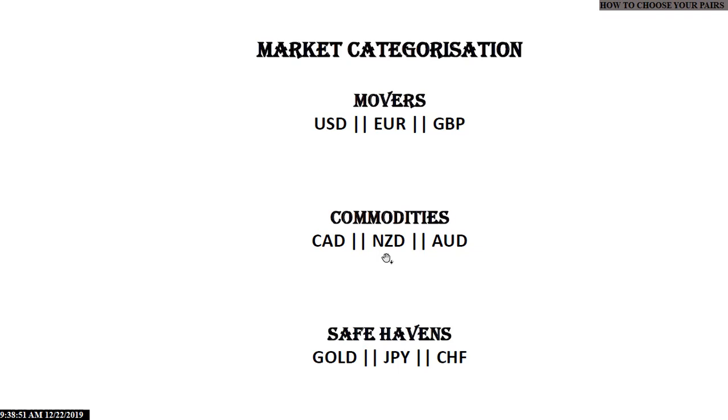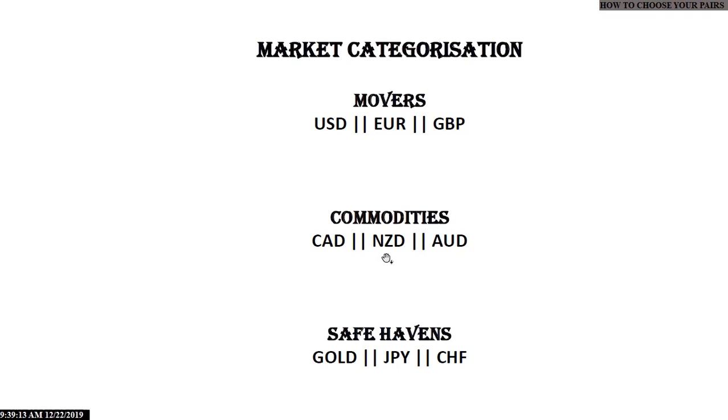Why I say dollar, euro, and pound are movers is because if you look across board on the normal forex currency, you realize that these are the pairs that move the most, and these are the pairs that are mostly influenced by economic data and several other things.